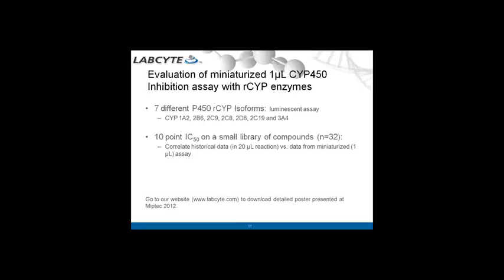In this collaboration, we evaluated 7 different recombinant CYP450 isoforms and generated 10-point IC50 curves on 32 compounds. The IC50 generated in the miniaturized assay format were compared with IC50 values from 20 microliter reaction volumes.